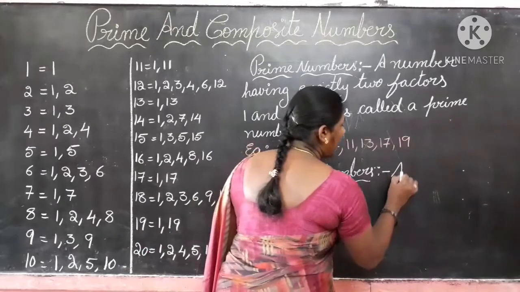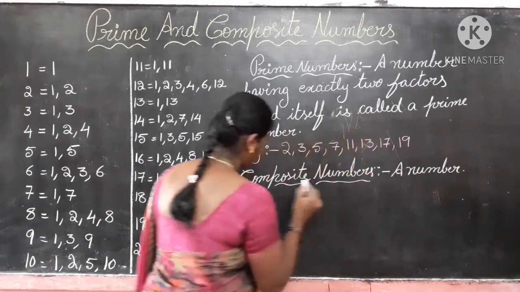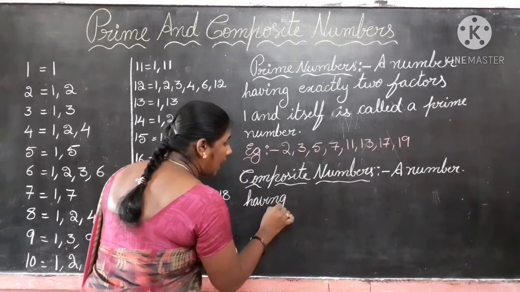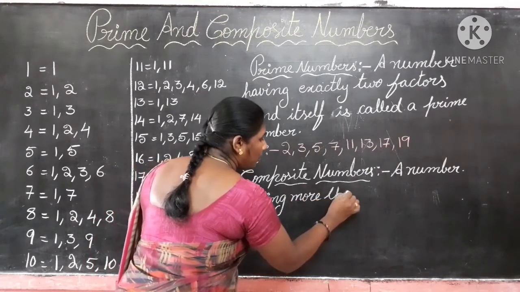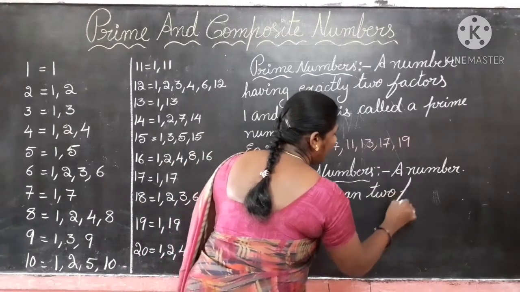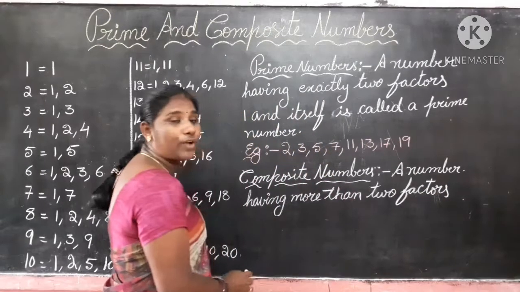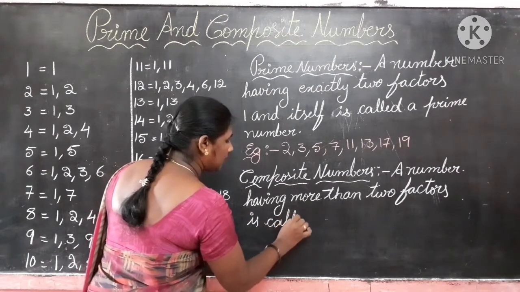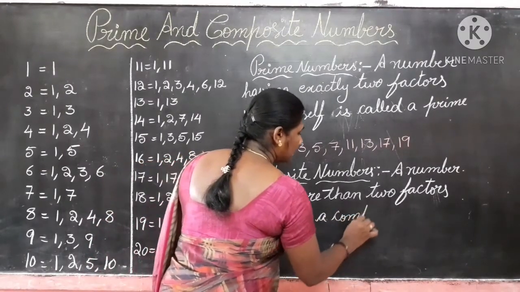Now, a number having more than 2 factors is called a composite number.